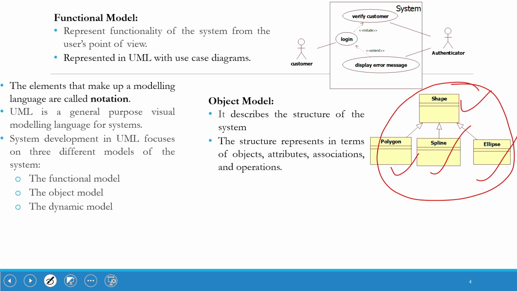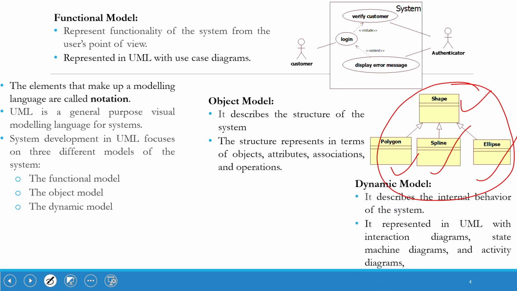For example, polygon is a kind of shape, or a type of shape, but it has its own property or its own identity. So polygon is related with shape, spline is related with shape, and ellipse is related with shape. These are the structures or the components of the system to be constructed.